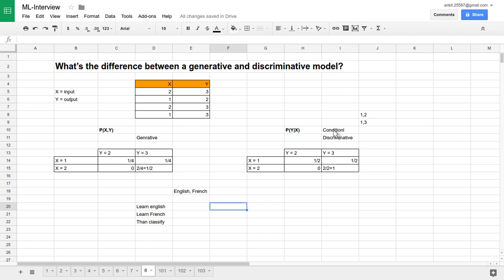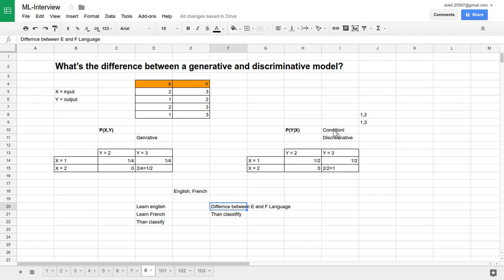We are trying to find the differences between the English language and the French language: its grammar, its vowels, its consonants, what the spellings are, how the pronunciations are, and then straight away it will classify. So that is nothing but the discriminative model.